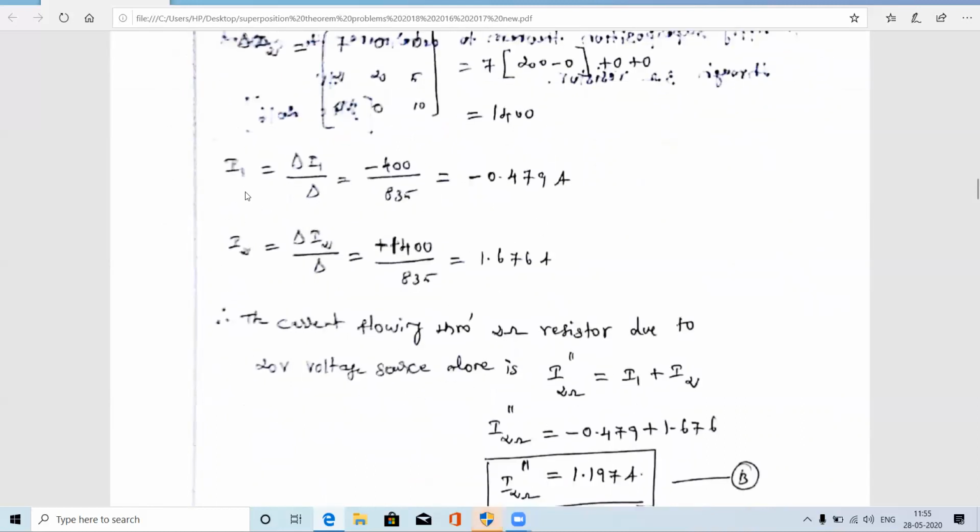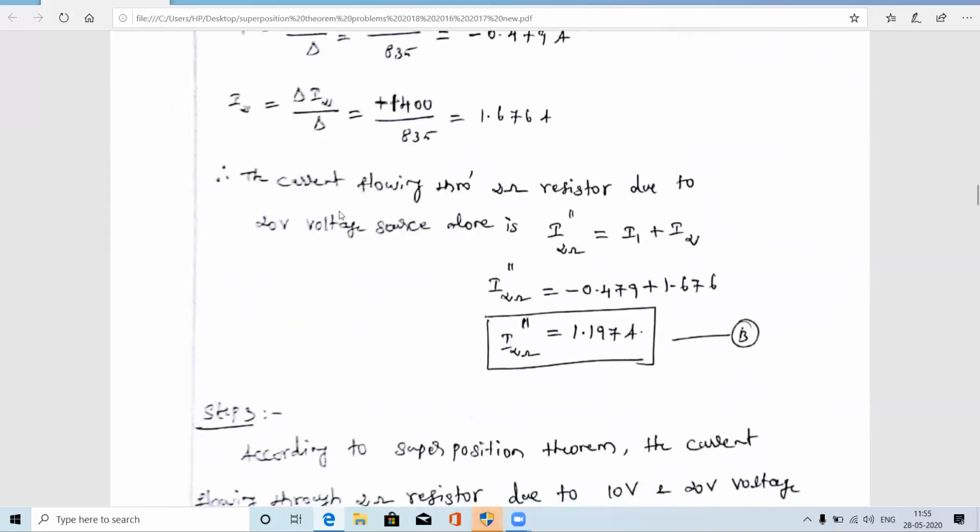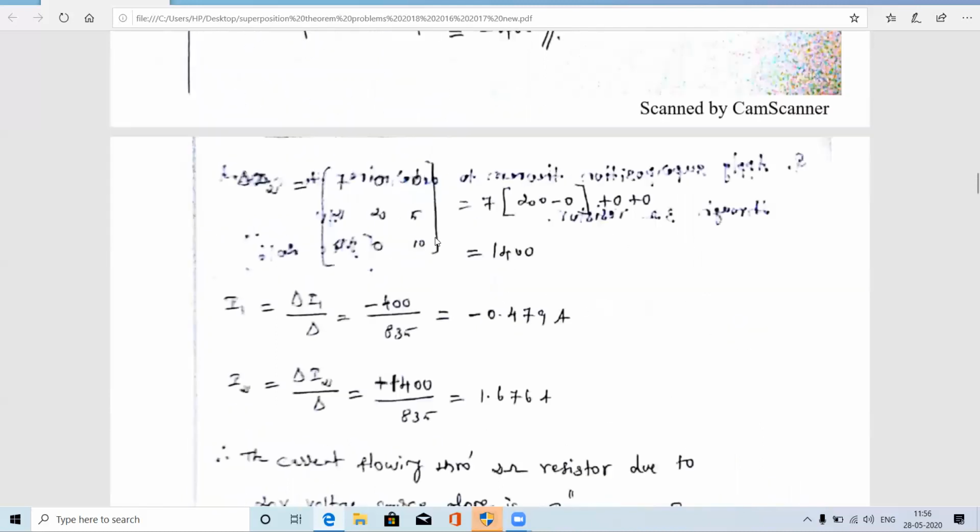From this, we have to find the currents I1 and I2. The current I1 is del I1 by del, and I2 is del I2 by del. So we calculated the current I1 as minus 0.479 and I2 as 1.676. After calculating I1 and I2, now we have to calculate the current flowing through the 2 ohm resistor due to the 20 volt voltage source alone.